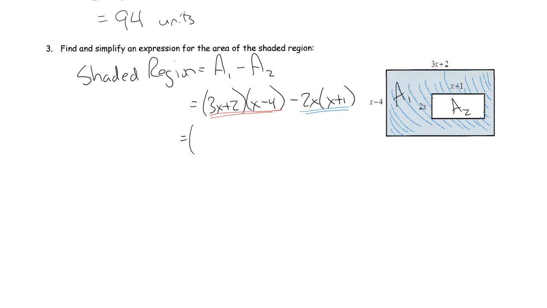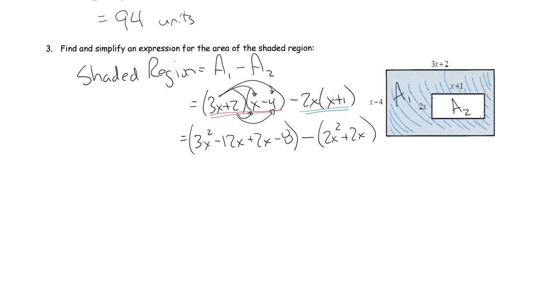So my 3x plus 2 multiplied by x minus 4 is going to be 3x squared when I do the first terms, minus 12x when I do the outer terms here, plus 2x when I do the inner terms, and minus 8 when I do the last terms. Minus, and then I'm going to distribute that 2x through. It's going to be 2x squared plus 2x.